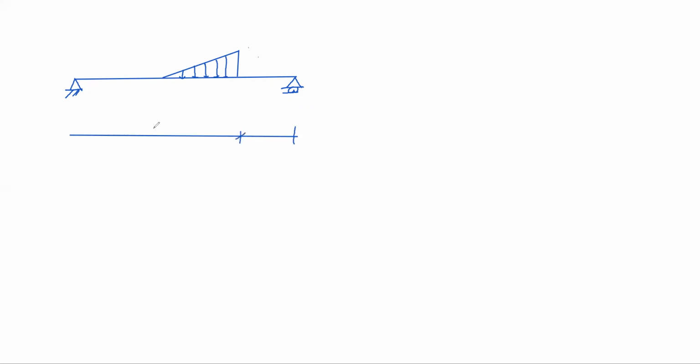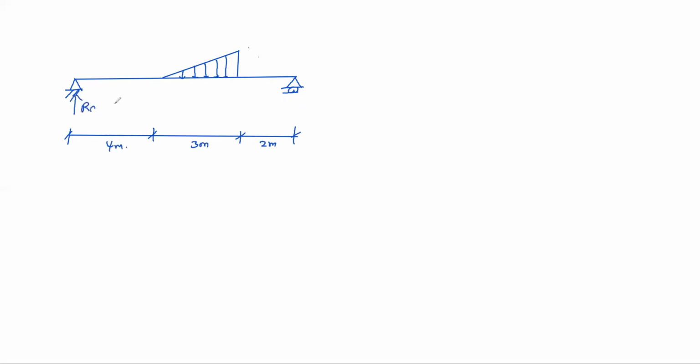Sometimes loads may be uniformly varying. Uniformly varying loads. That means the load variation may be like this. Take some distances: 2 meters, let us take 3 meters, this is 4 meters.